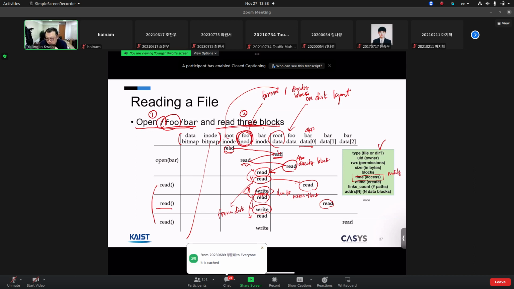No, actually. To improve performance, the inode is cached, in the inode cache. The inode is never prefetched, but the inode itself is cached. The first time it is read from disk, and the second time, not 100%, but it may be read from DRAM. So it's more likely to come from the inode cache.